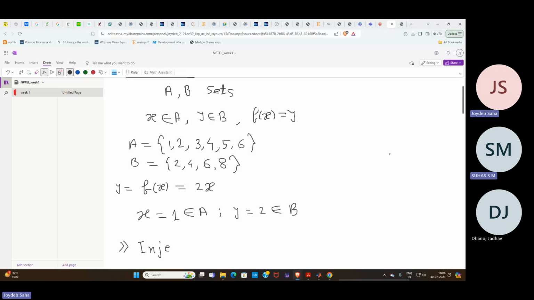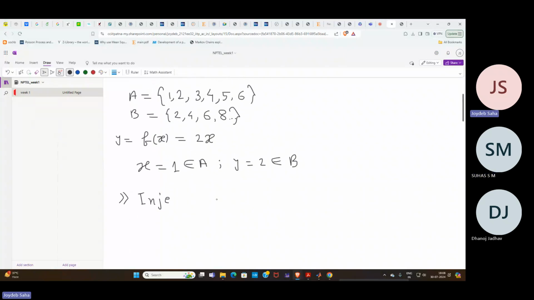In set B there is no element for 5 or 6. No, I have taken only 2, 4, 6, 8 as a part; it will be more. Okay, fine. For x is equal to 1 I have shown one example, and for the rest also there will be images, right? Yes, that is fine. It is not only up to 6, it is up to more. Okay, then it's fine.